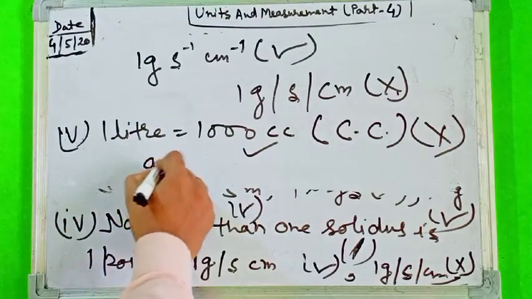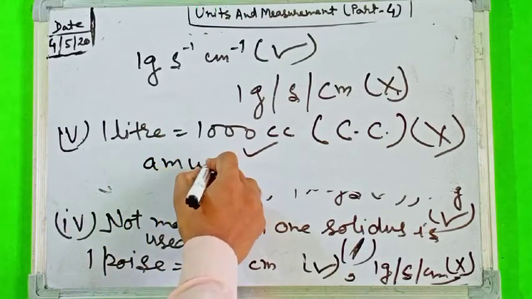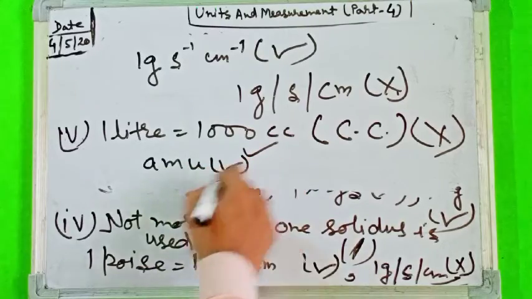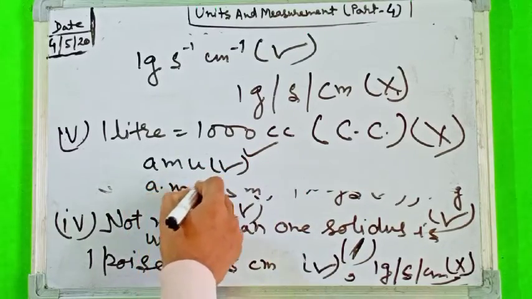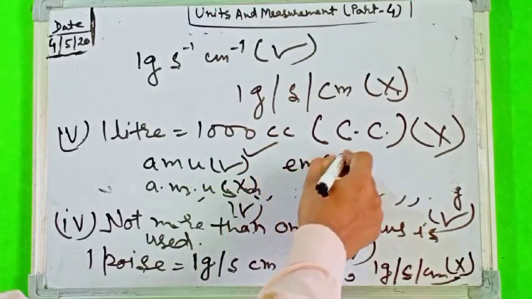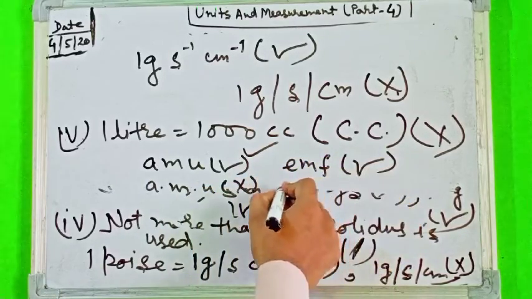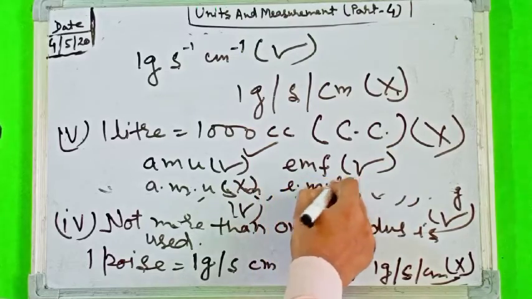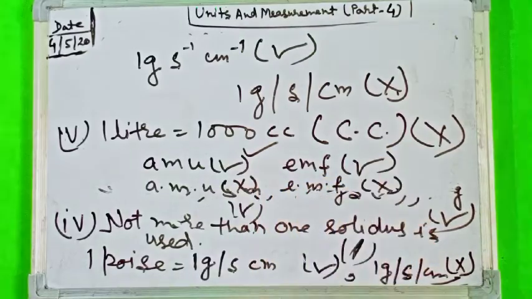Just like AMU is the correct way to write, and A dot M dot U is the wrong way. EMF is the correct way, but E dot M dot F is wrong.